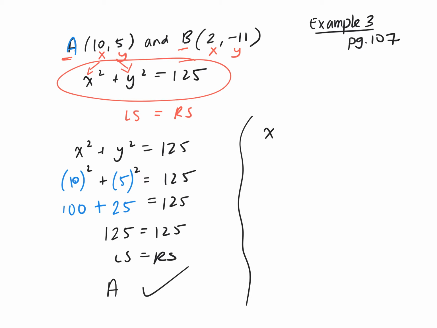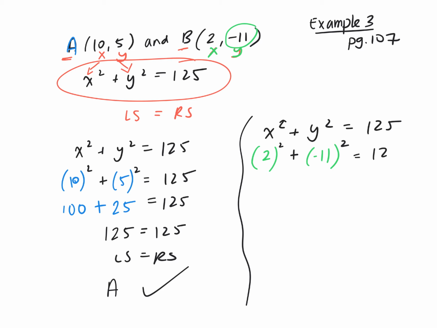So same thing, write the equation of the circle, and we're going to plug in x and y. So x is 2, so it's 2 squared. This is where some of you went wrong on the quiz. Y is negative 11. You need to put it in brackets because it's negative 11, all of that squared. Negative 11 times negative 11 becomes a negative or positive?